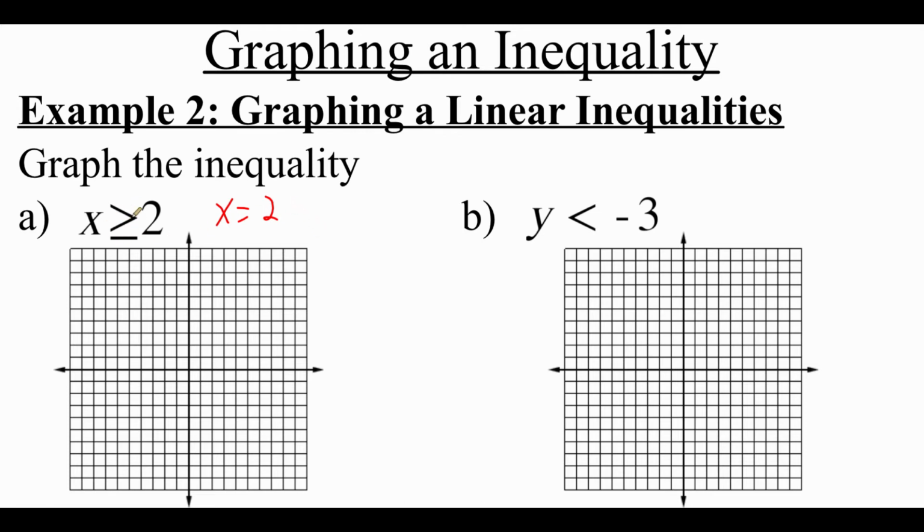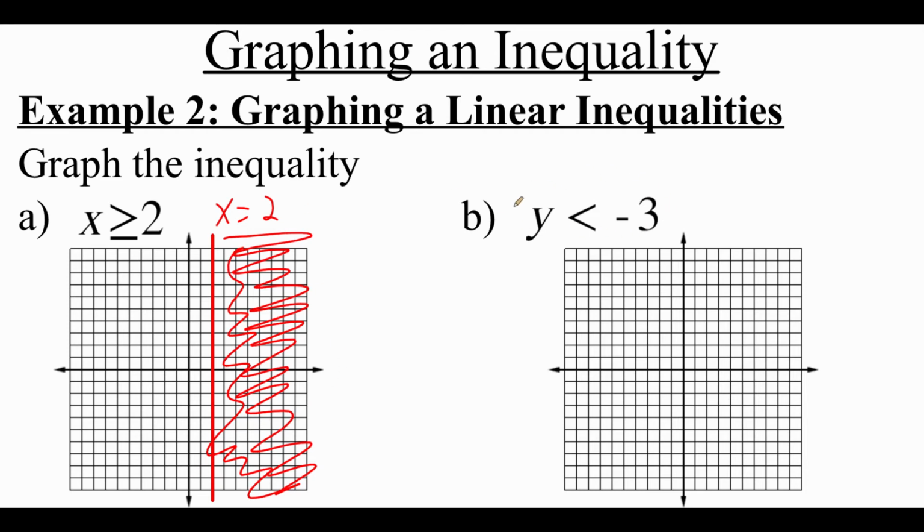Now because our inequality does have the equals to line underneath it, as we draw this out, it's going to be a solid vertical line through that x value of 2. Now, as far as our shading, we want x values that are greater than or equal to 2. So if we think about where x values are bigger than 2, that's going to be on the right-hand side of this line. So the solution set would be the entire region to the right of that line and including the line.